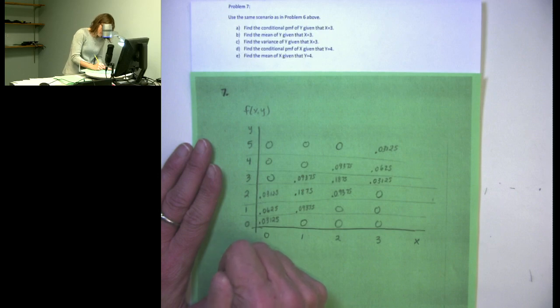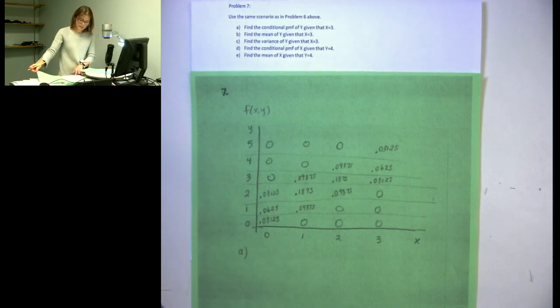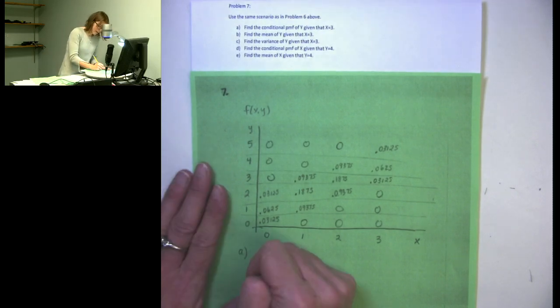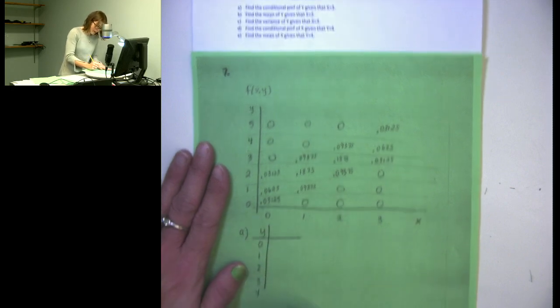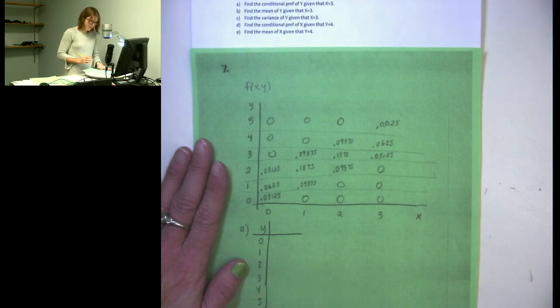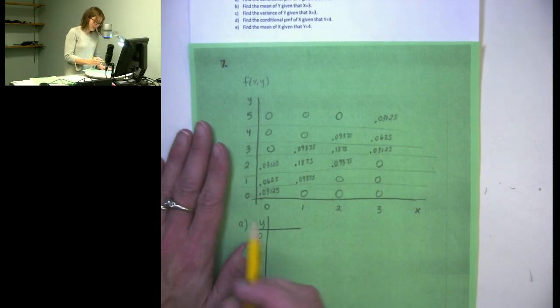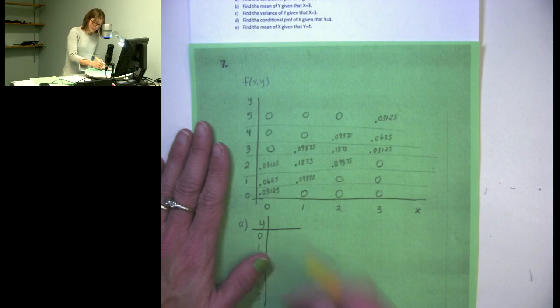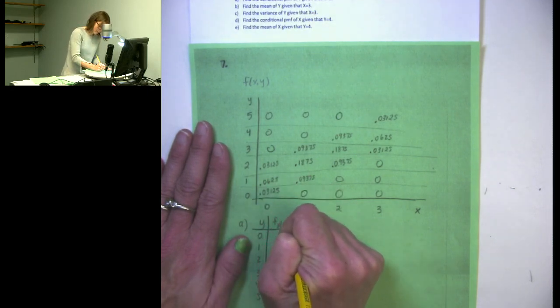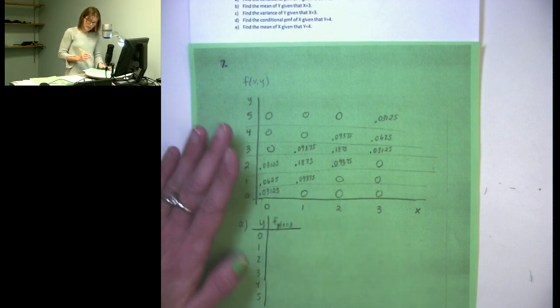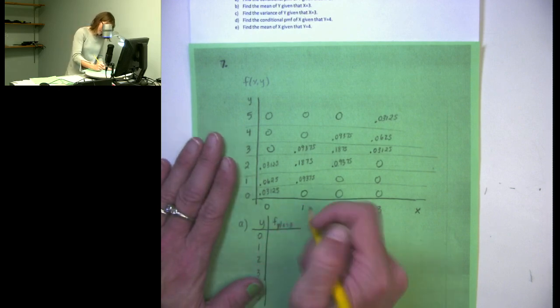When we're finding our distribution of y, we're going to have all the different possible values of y. Y can take the value 0, 1, 2, 3, 4, and 5, remember? And we're going to be finding the conditional probability mass function, f of y given that x is equal to 3.